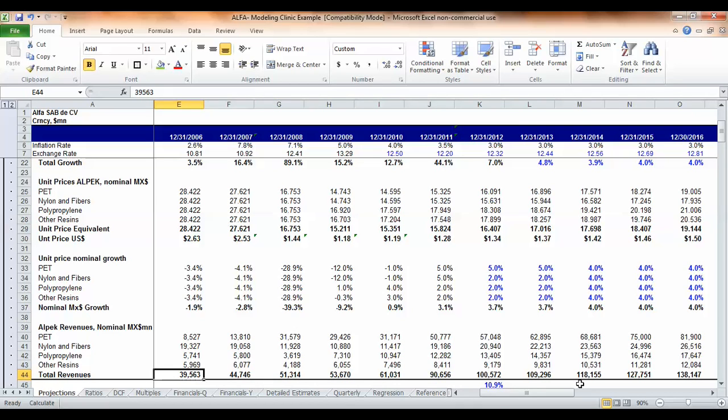So you just have line 44 in this case. You also have the volume by business line. So in some cases, you need to make some assumptions and allocate those revenues by line and derive what is the implied unit price. That's what we're doing here.